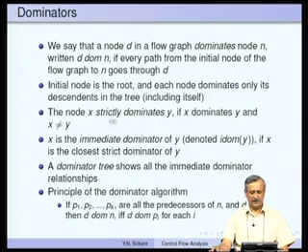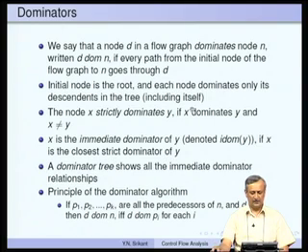The node x strictly dominates y if x dominates y and x is not equal to y. So, self dominance is eliminated, then it becomes a strict domination. X is the immediate dominator of y, denoted x idom y, if x is the closest strict dominator of y.